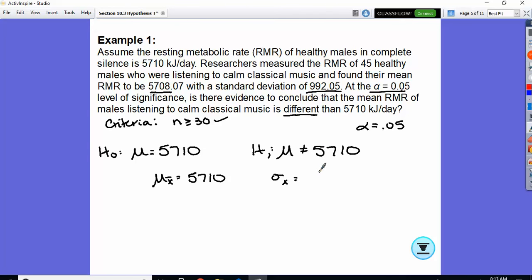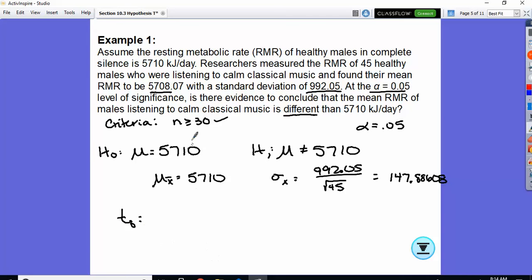So it's your standard deviation, which was 992.05, divided by the square root of n, which is 45. And remember, we do prefer to keep a few decimal places here. We get 147.88608.